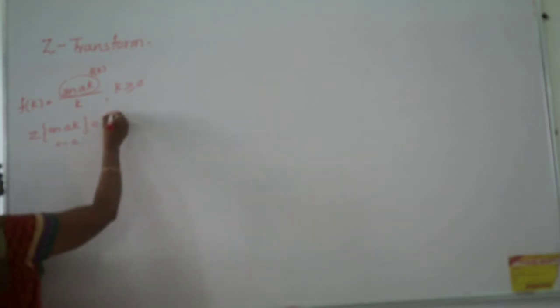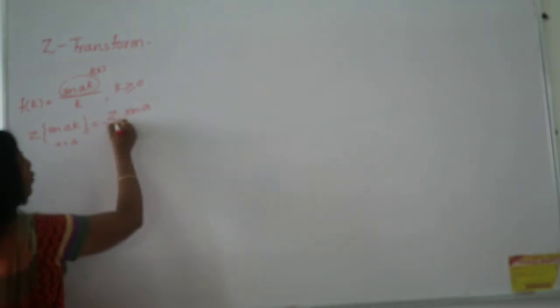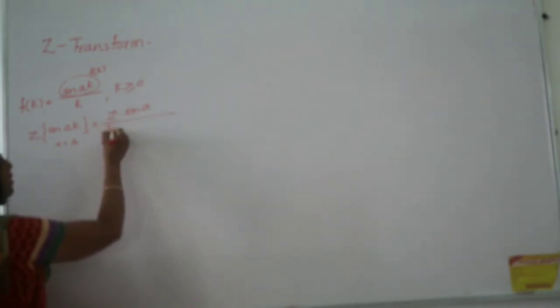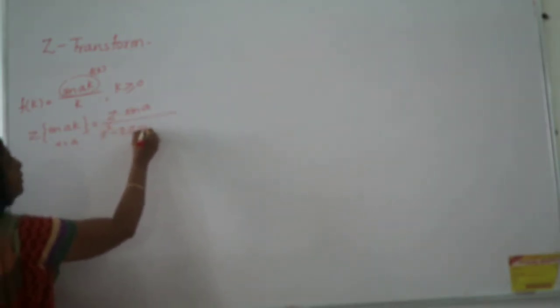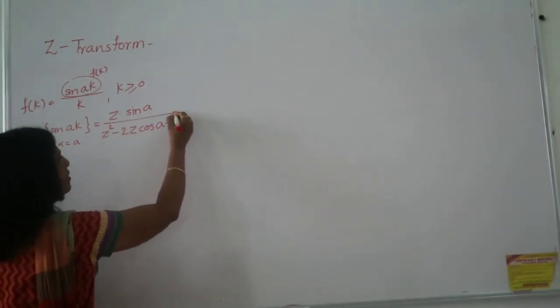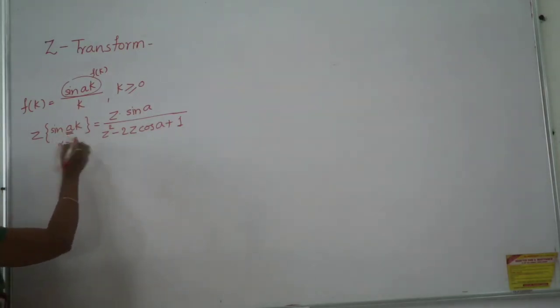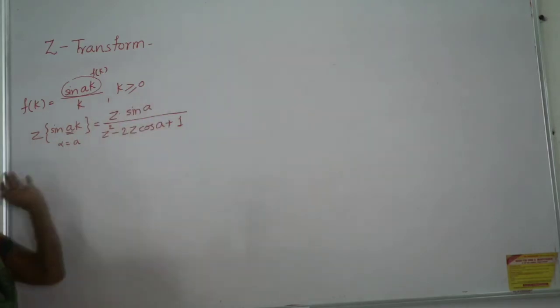Alpha is nothing but a, and what is the formula here? Z multiplied by sin alpha, whole divided by z square minus 2z cos alpha plus 1. This is a direct formula. Only in that formula I have to mention that alpha changes to a, that much only. The remaining structure remains the same.